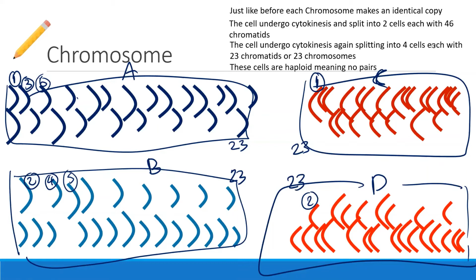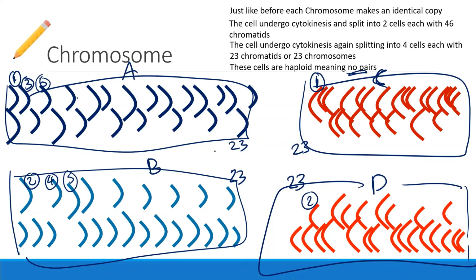They don't have pairs. These cells are haploids, meaning no pairs. Normally, 1 would be paired with 2, but now 2 is in a completely different cell. 3 would be with 4, but 3 and 4 are in different cells. 5 would be with 6, but now 5 and 6 are in completely different cells.